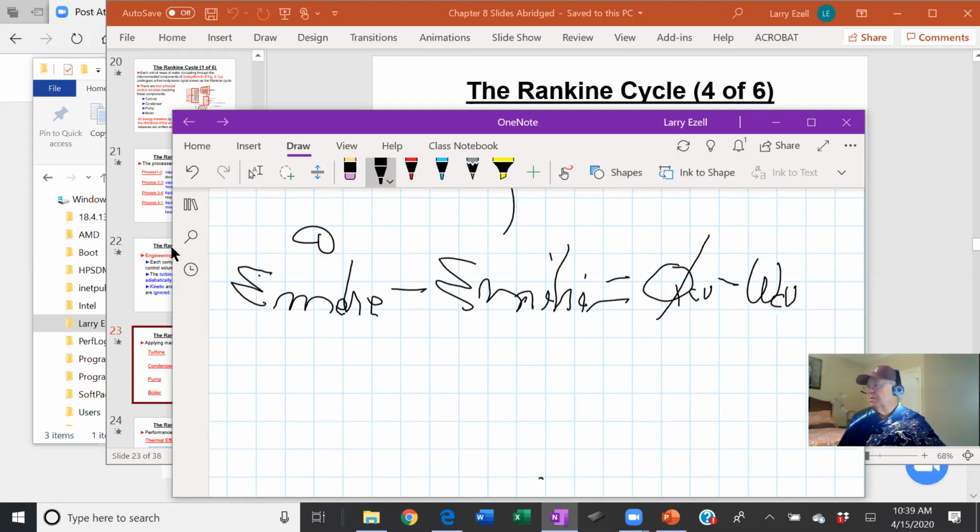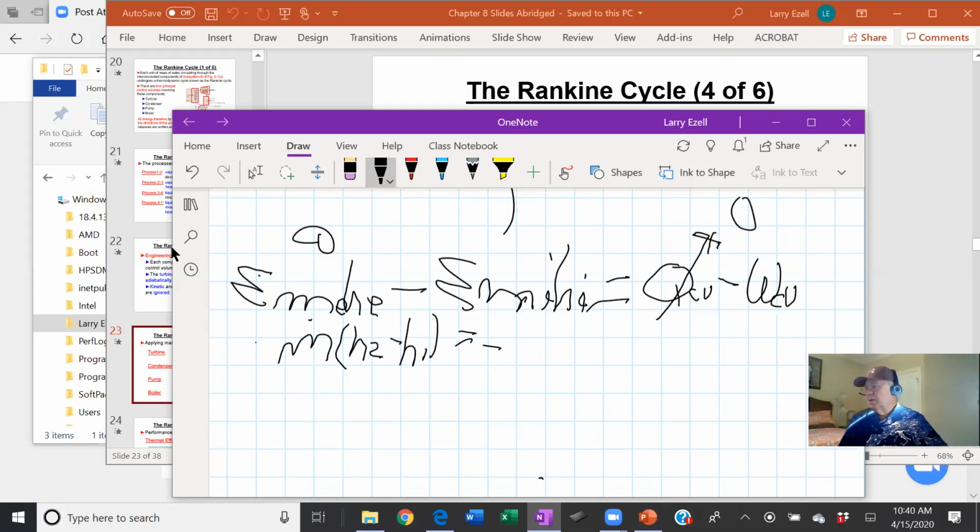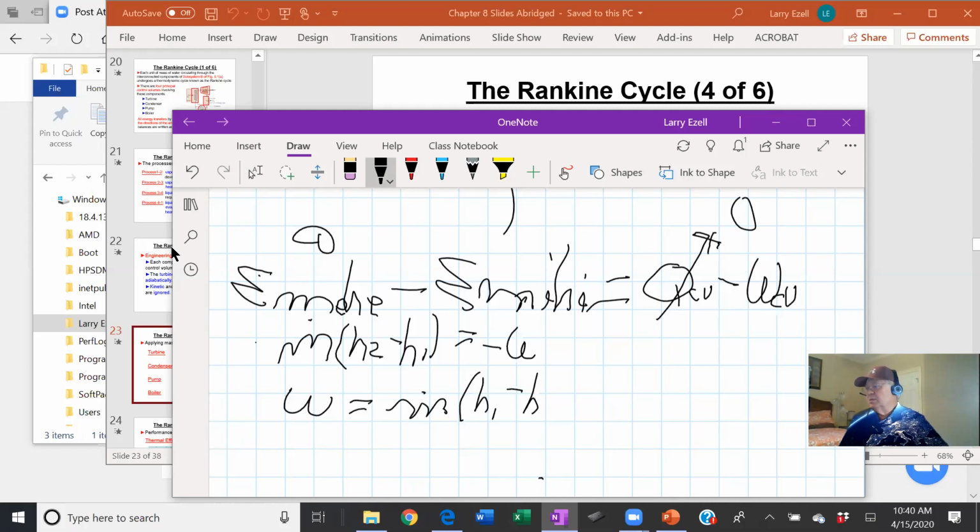So if we're talking about an adiabatic turbine, Q is 0. And if it's one inlet and one outlet, which is generally the case, we'll have m dot, and the outlet is 2, times h2 minus h1, equal to minus the work. Now if we want to solve for work, we get m dot times h1 minus h2.